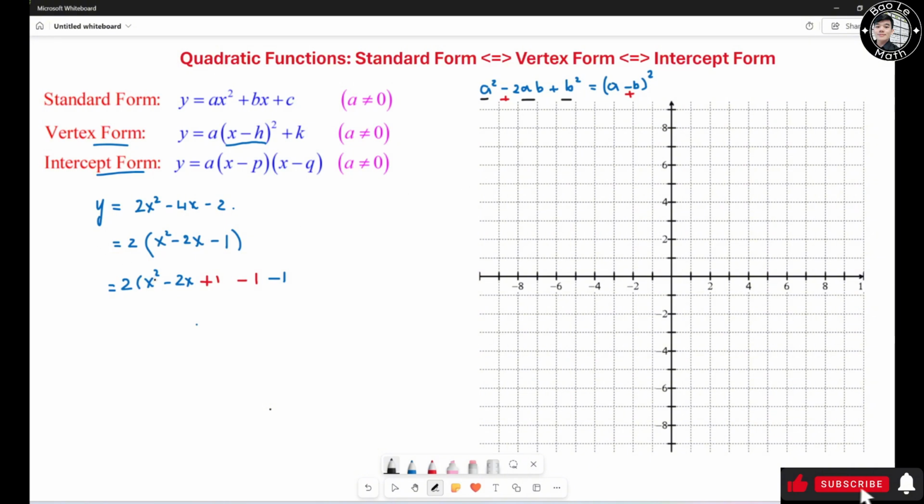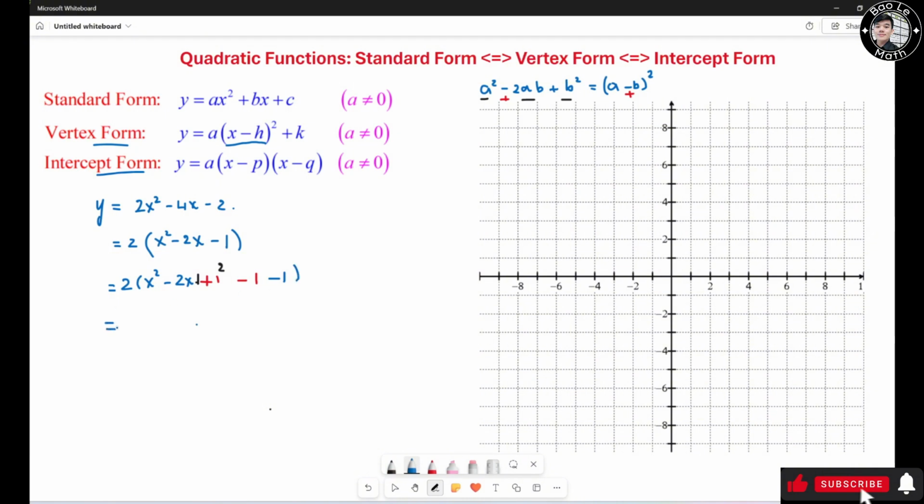This one is a squared. This one is negative 2 times a times b. If you don't see anything, you put 1. So 2 times x times 1, and b squared is 1 squared. And then I close parentheses.